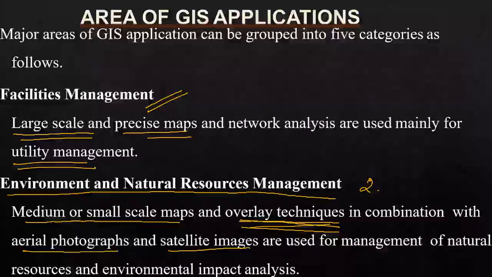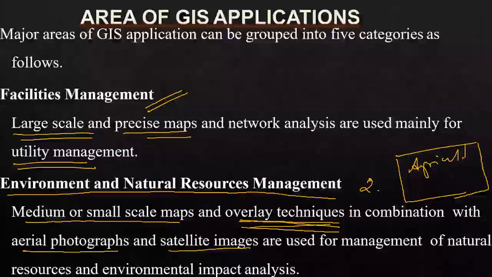Okay, so these natural resources, sometimes it will be deposited deep below the ground surface. So a particular location, if you take a particular geographical area, that may be a well developed one. So that may be an agricultural land, sometimes it may be a building area, sometimes it may be an industrialized area.